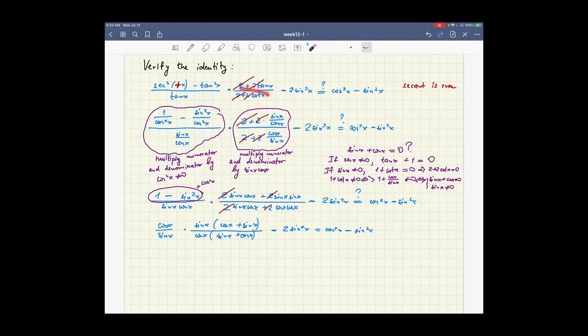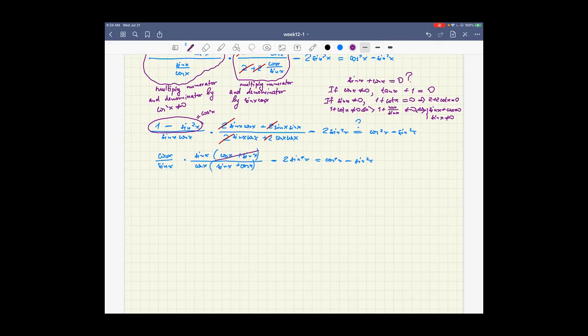The fact that we have 2 plus 2 cotangent x in the denominator implies that sine x plus cosine x is not 0. So it's safe to divide. Of course, sine x and cosine x are not 0 either, because they're involved in tangent and cotangent. So in fact, this whole thing, product of two fractions, is 1.